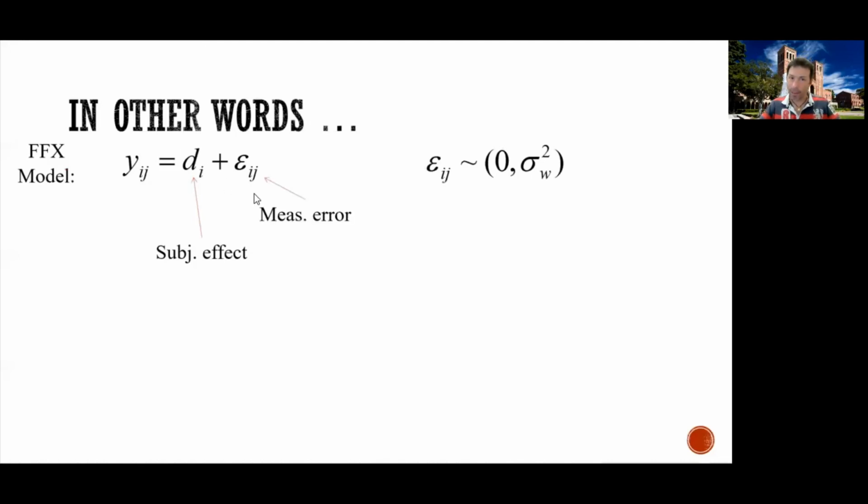That's the fixed effects. And so in this case, the fixed effects variance over a group of individuals would be sigma squared within, measurement error, over big N, the sample size, and little n, number of observations per participant.